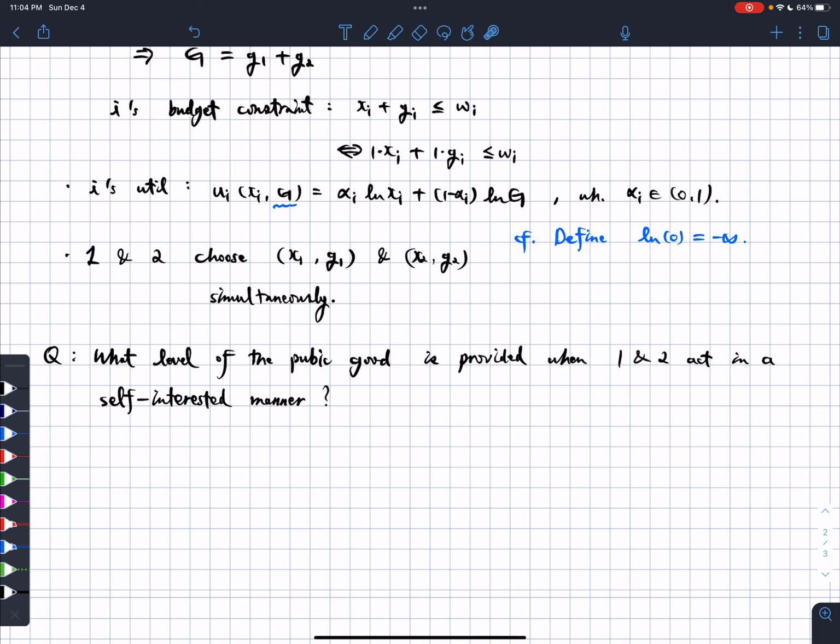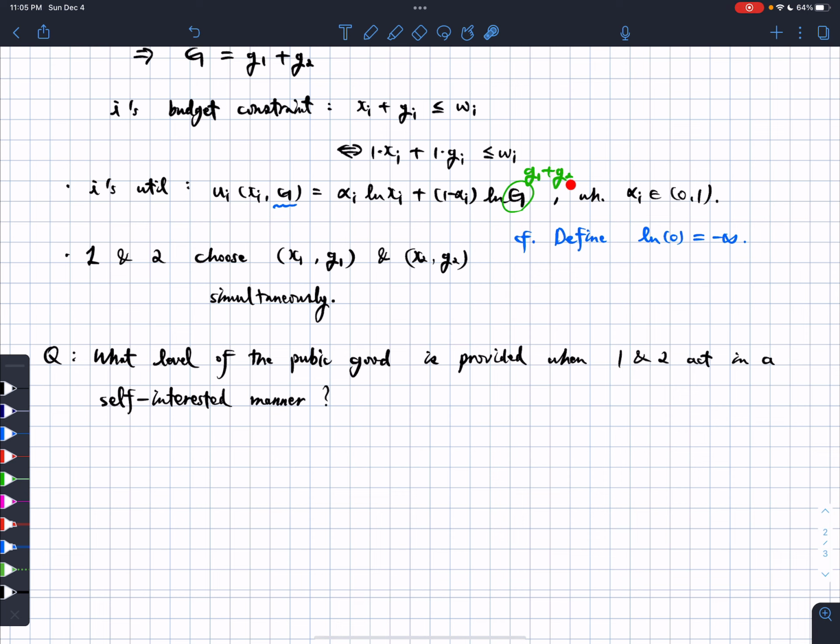Okay, and as I said at the beginning, the intuition is that here in this functional form, big G is g1 plus g2, right? So from player 1's perspective, even if player 1 chooses g1 equal to 0, he can still get some positive amount of g2 from player 2, right?